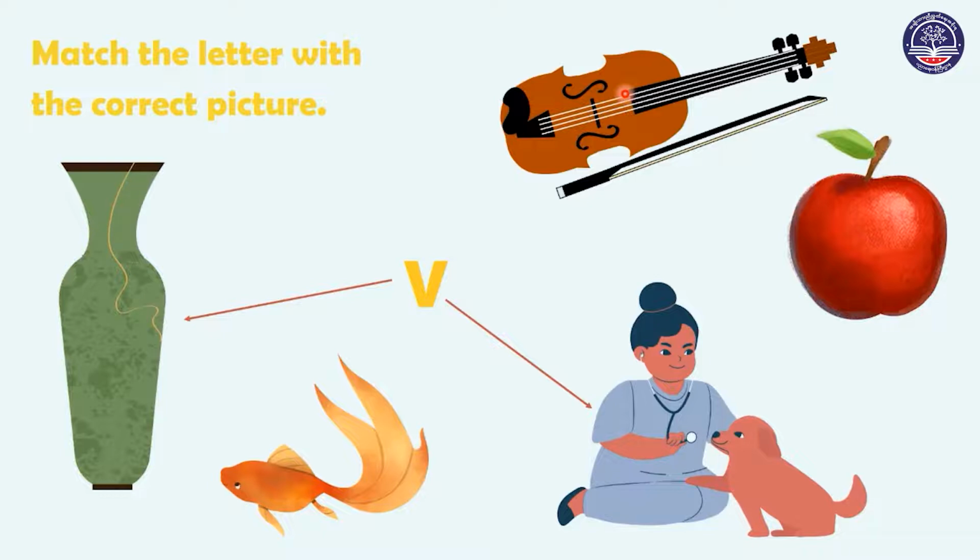Violin. Yes, violin starts with letter V, so we will have to match it with this one. Okay, so we will draw the arrow like this. So we are done with this exercise. Good job, everyone. Now let's move on to the next exercise.